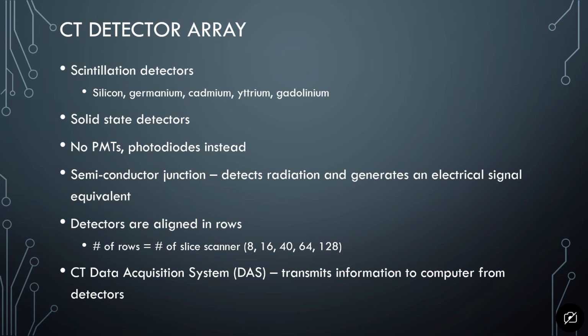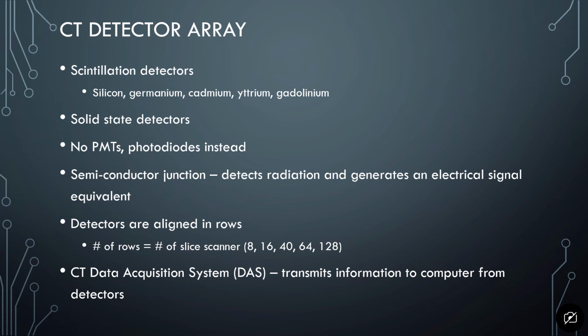We don't really call them counts in CT, but that's essentially what it is. The semiconductor junction detects the radiation and generates an electrical signal equivalent. So the X-ray passes through the patient, hits the photodiode, and it creates that electronic signal from there.